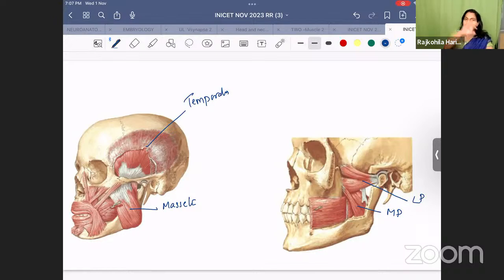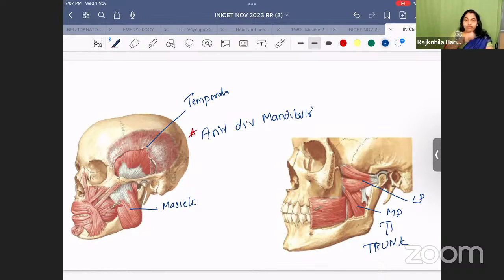Right? Now, all these muscles are going to be supplied by anterior division of the mandibular nerve, except the nerve to medial pterygoid, which comes from the trunk of the mandibular nerve. So this you should be able to remember, okay?